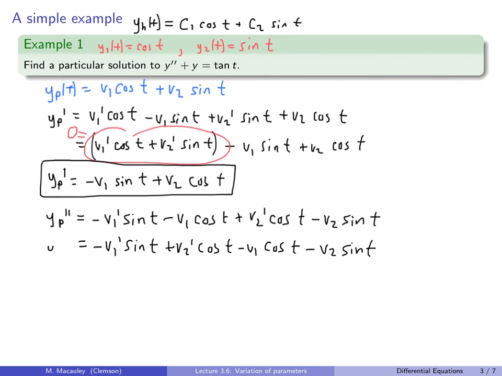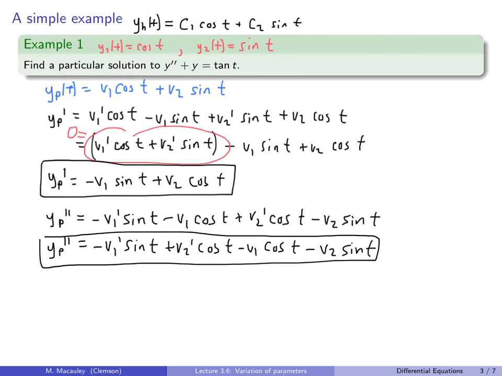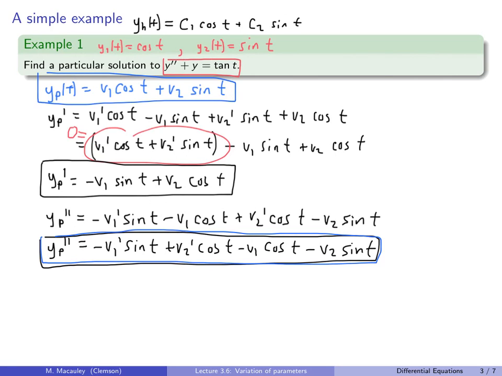So this is yp double prime. So let me box this. Now what we want to do is plug back in. Maybe I should have boxed that in blue. Because we have yp prime and we have yp, and we need to plug that into this equation. Okay, so let's do that.